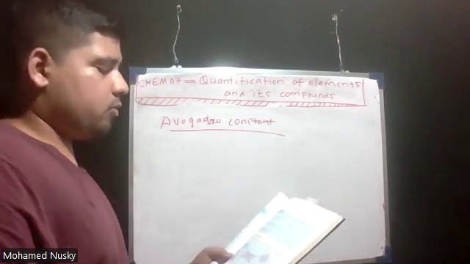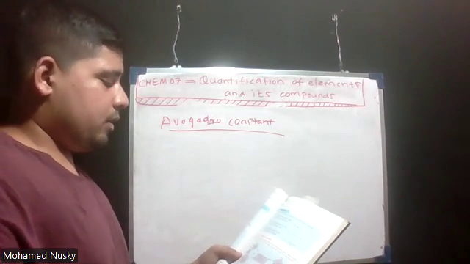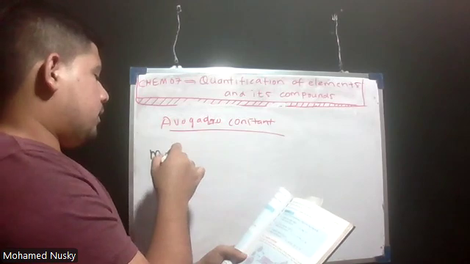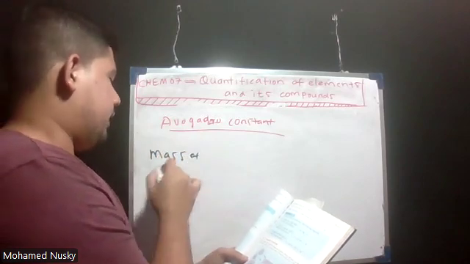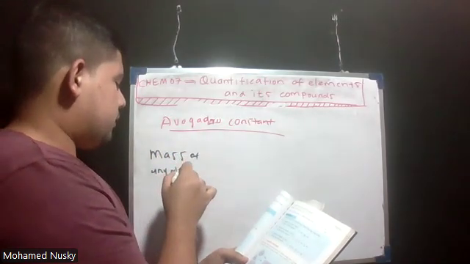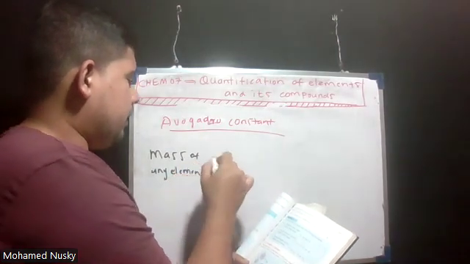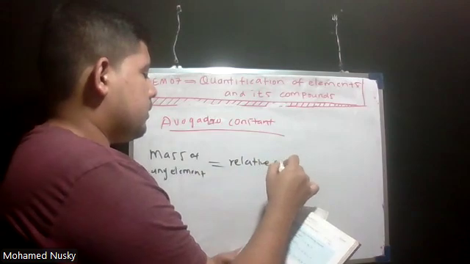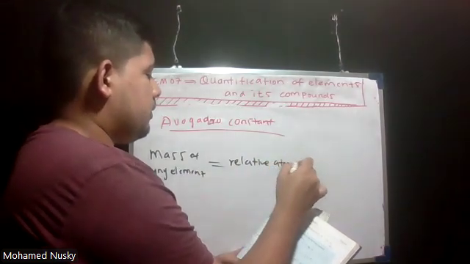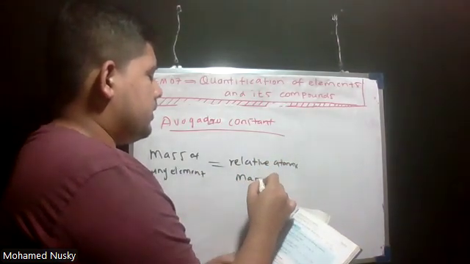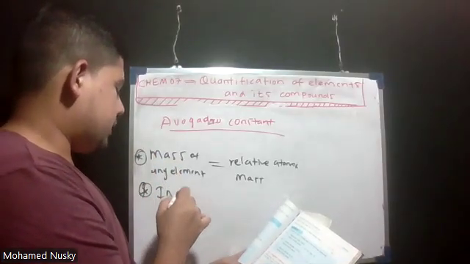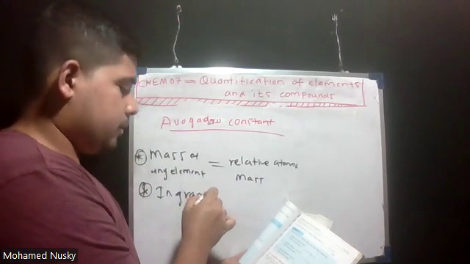When a mass of any element is equal to its relative atomic mass, is taken in grams. In grams, remember.